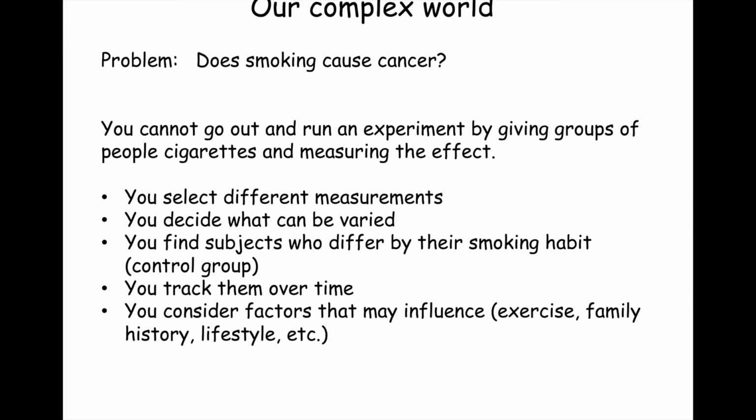Because you're now varying two things. And if increase in smoking caused cancer, someone could argue, well, it was really the lack of exercise that caused cancer because I noticed that for those who smoked a lot, they exercised less and less. So it really wasn't the increase in cigarettes, it was the decrease in exercise.